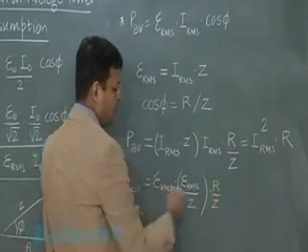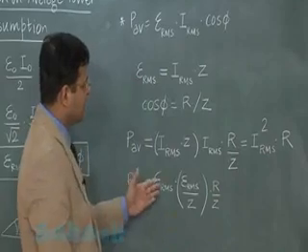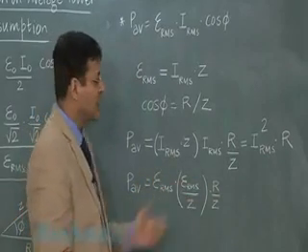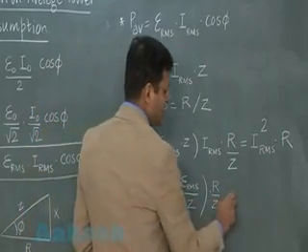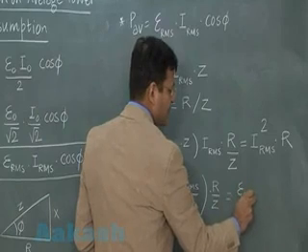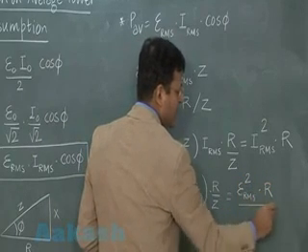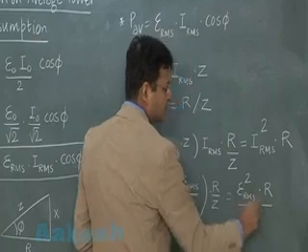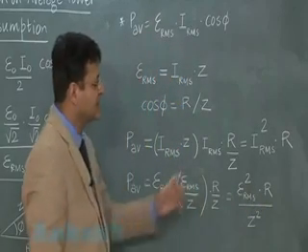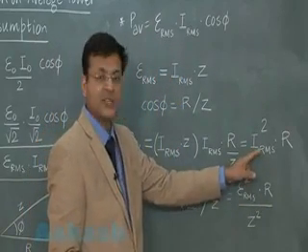Then you can see it is not coming out to be ERMS square upon R, rather you are getting a term like ERMS square into R upon Z square. You understand? एक जनरल सर्किट के लिए ये एक्सप्रेशन ट्रू है.